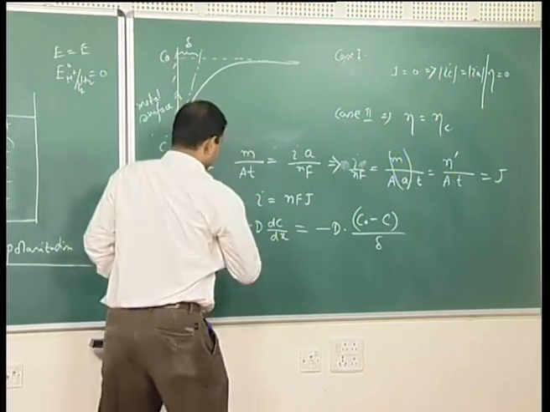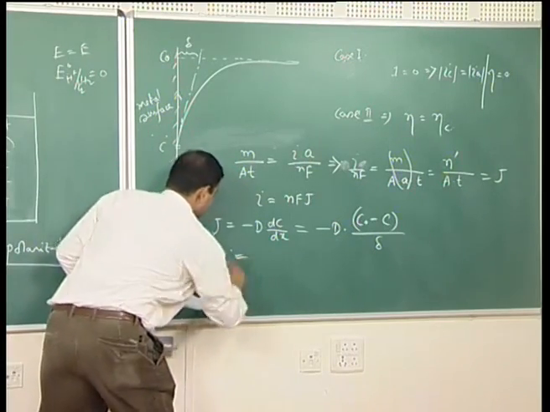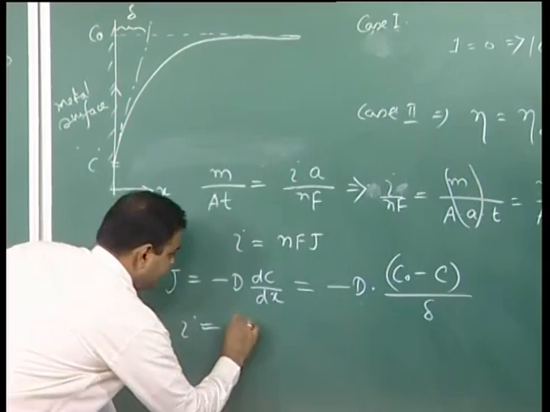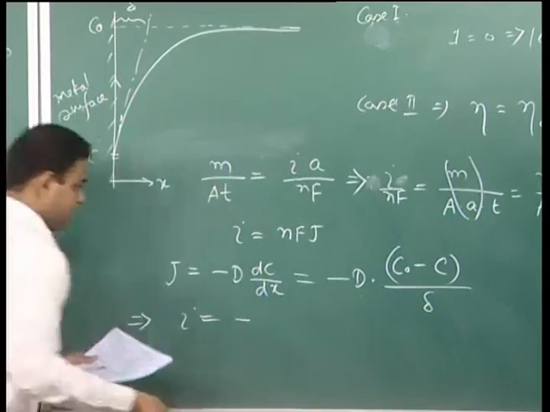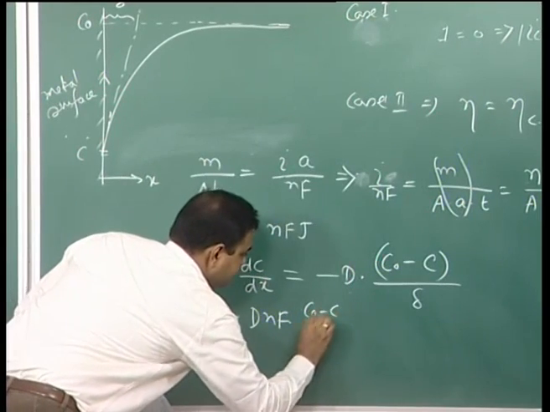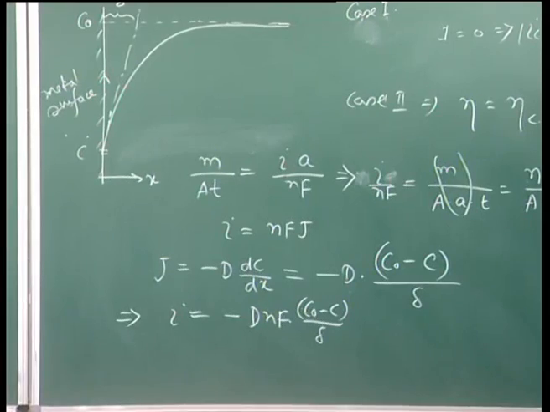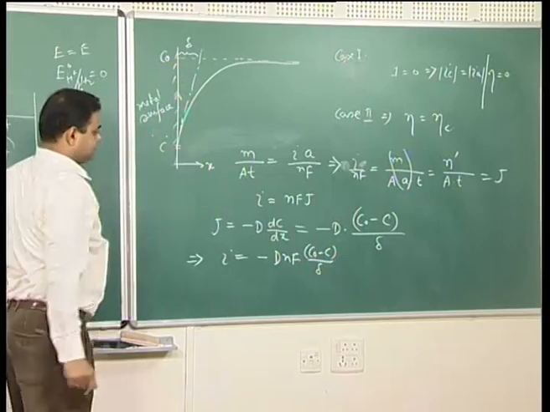So from that I can write I equal to minus D n F times C0 minus C by delta, and this is my boundary layer thickness.